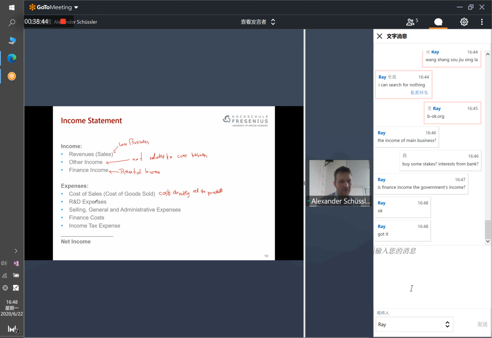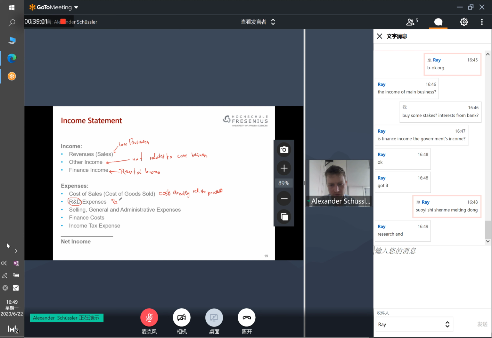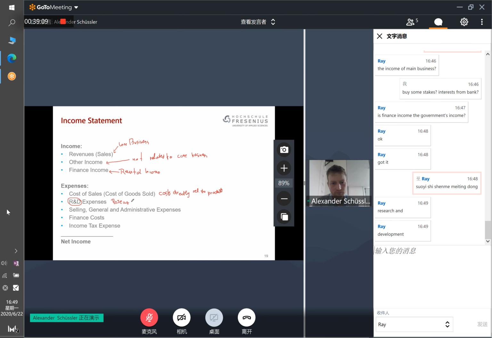We have the R&D expenses. You know what R&D stands for? It stands for research and development. Some companies spend more on research than others.